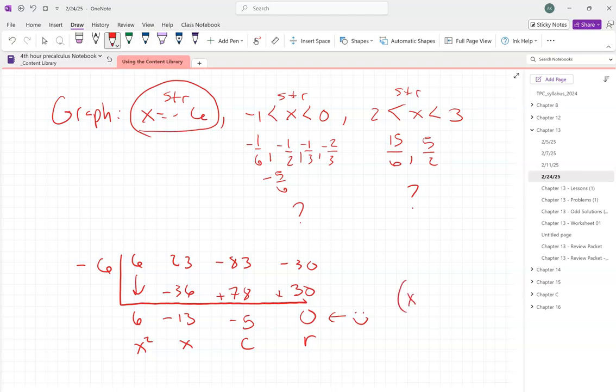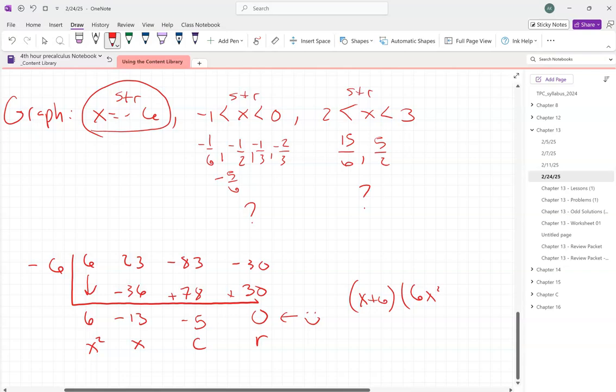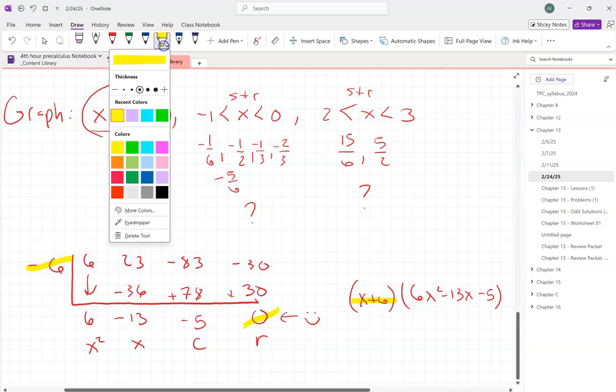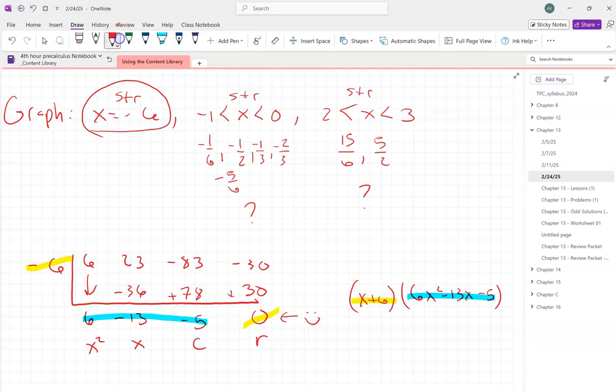So what this is telling me is that my polynomial factors to x plus 6 times 6x squared minus 13x minus 5. The x plus 6 came because I got a 0 remainder when I did my synthetic division with -6. And the 6x squared minus 13x minus 5 is coming from the quotient of that division.